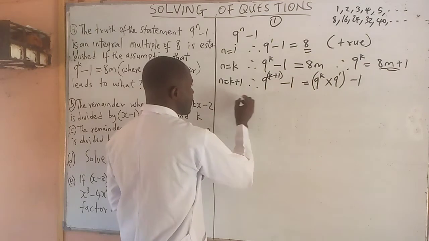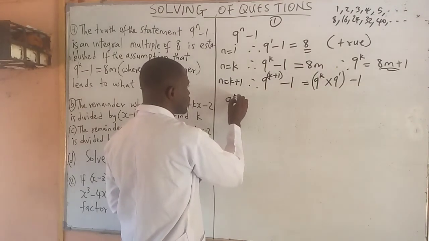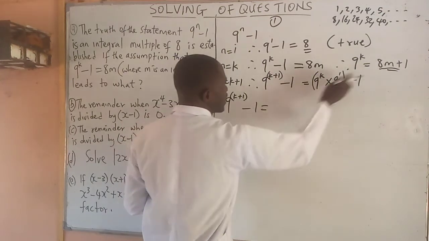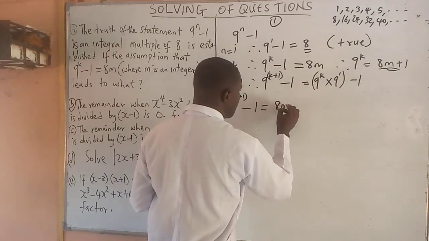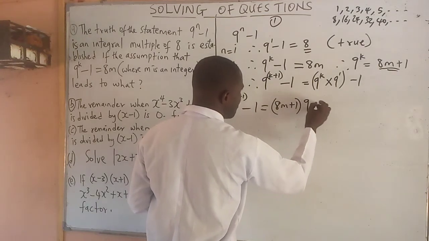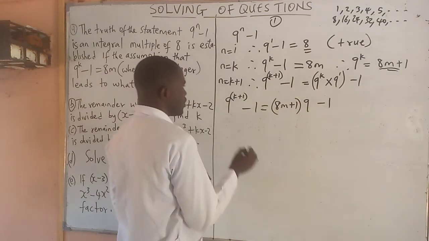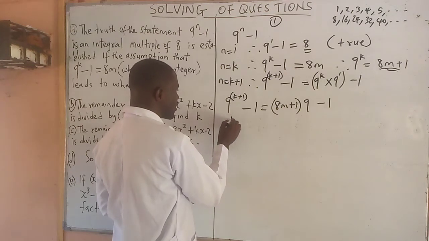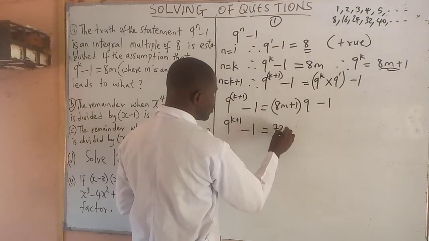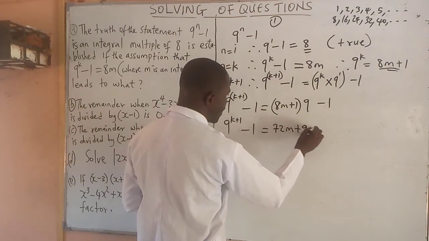So we now say 9 raised to the power of k plus 1 minus 1 will be giving us 9 raised to the power of k is 8m plus 1 times 9 minus 1. That will be giving us 9 raised to the power of k plus 1 minus 1 equal to 72m plus 9 minus 1.